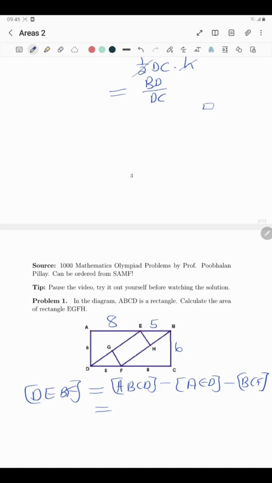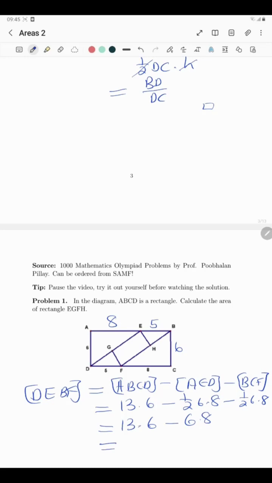So the area of rectangle ABCD, that will be base times height, so that will be 13 times 6, minus the area of triangle AED, which is a half 6 times 8, minus the area of triangle BCF, which is also a half 6 times 8. Now 13 times 6, I'm going to leave it like that. And here a half 6 times 8 minus a half 6 times 8, we're left with 6 times 8.